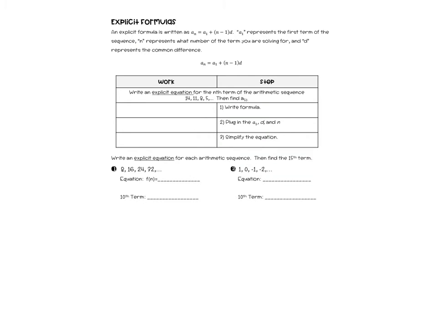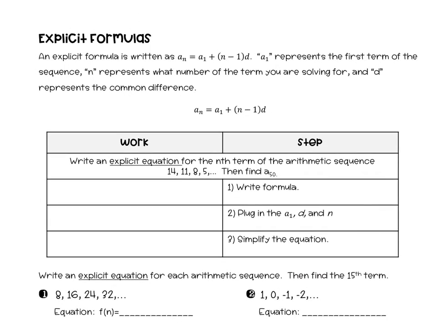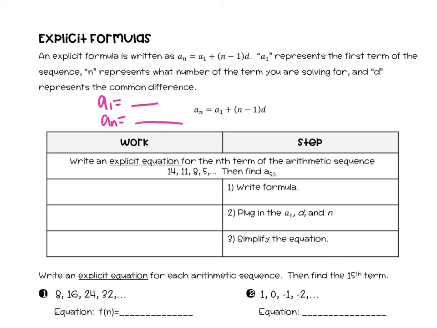Okay, and the last part of today's lesson is looking at explicit formulas. So the first ones we did were the recursive. Second is explicit. So how I told kids to remember which was which last year was that recursive formulas are the longer one. Like it had the 2 lines. It had A1 equals blah, blah, blah, AN equals blah, blah, blah. And explicit only has this one.